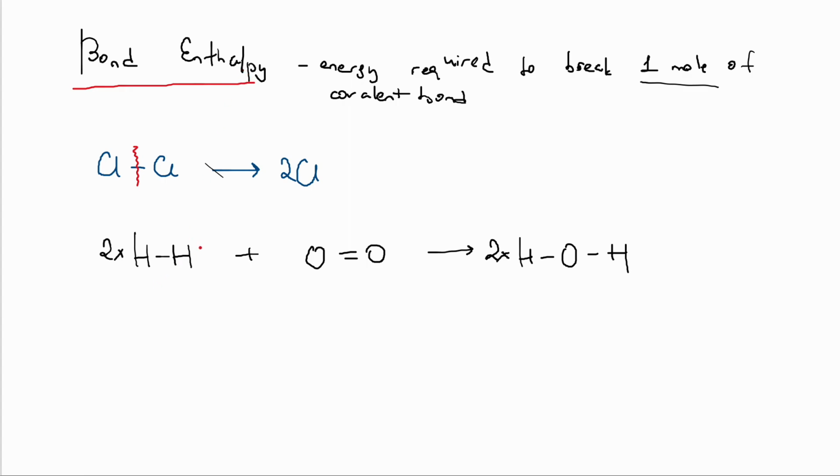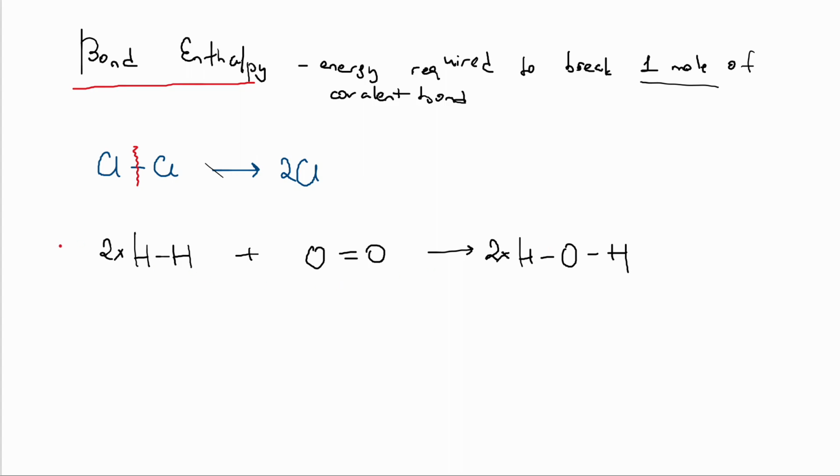In this case, we know that the hydrogen single bond is going to break, and the oxygen double bond is going to break, and we will form oxygen-hydrogen single bonds, 4 of them.